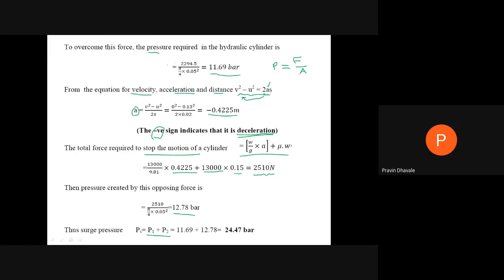This would be P1, and this would be the value of P2. The combination of these will be called the surge pressure, to overcome the motion of the piston as well as the force which will cause the motion of the cylinder. In this way, you are getting the value of the surge pressure, that is 24.47 bar. Are you getting how to calculate the surge pressure?